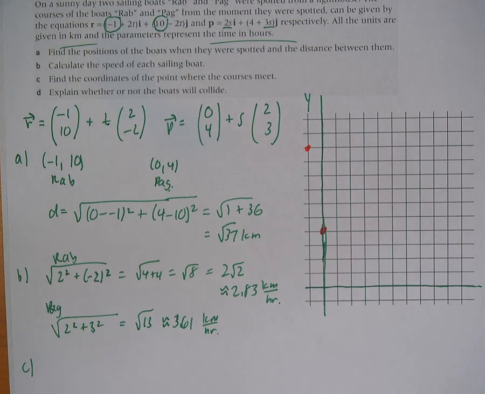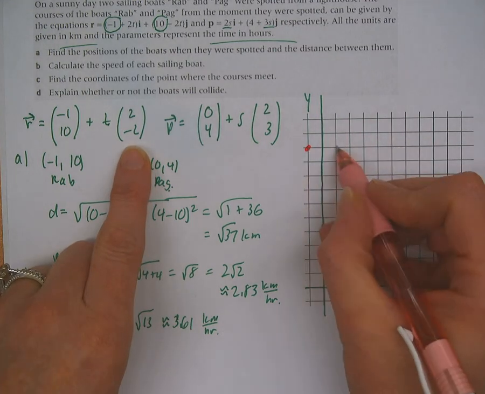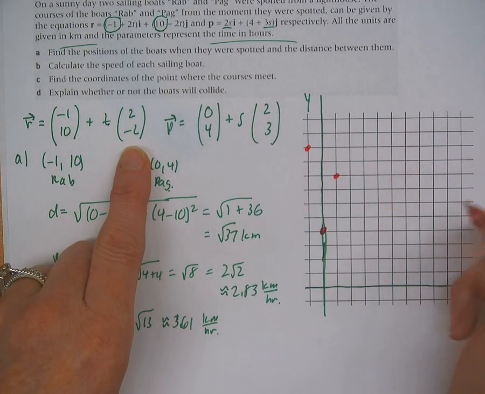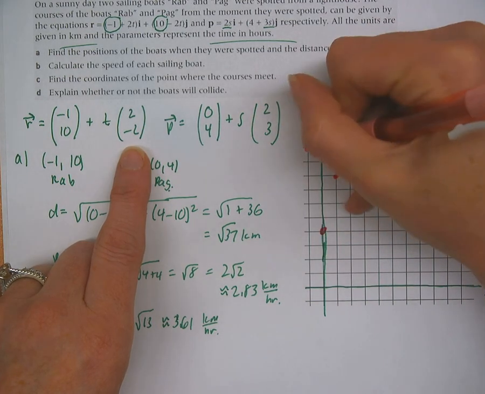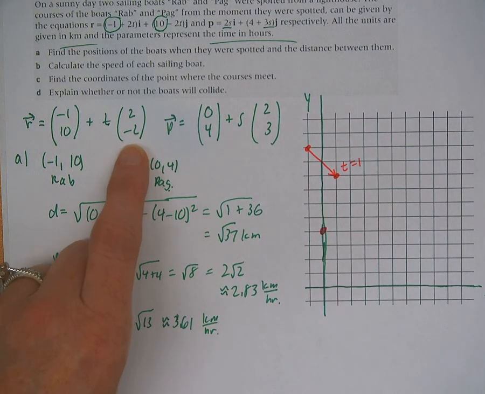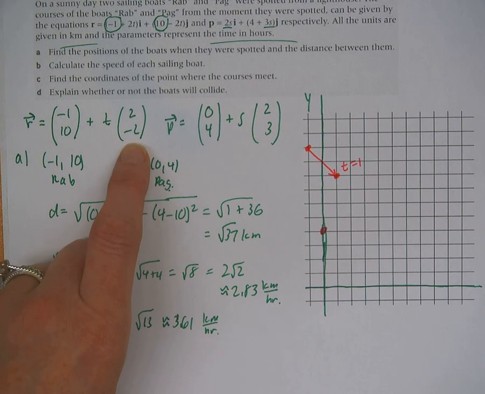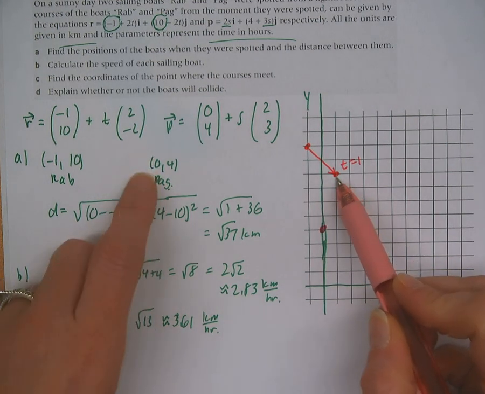Now we can also model their movement as well. After 1 second, I am going right 2 down 2. So at t = 1, I'm going to be right here. So that's the movement after 1 unit of time. What is our unit of time? Hours. So after 1 hour, now RAB is right here.